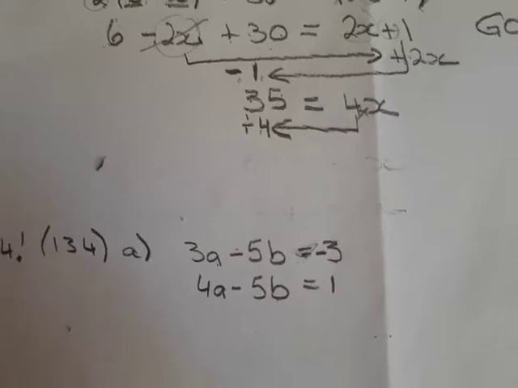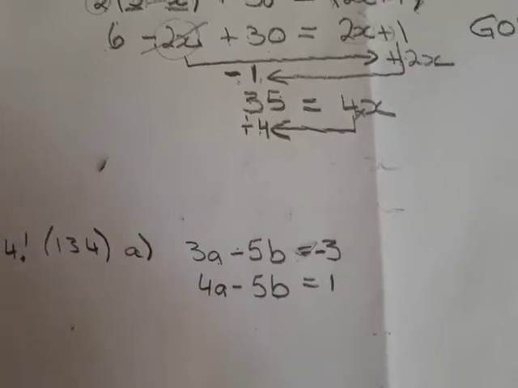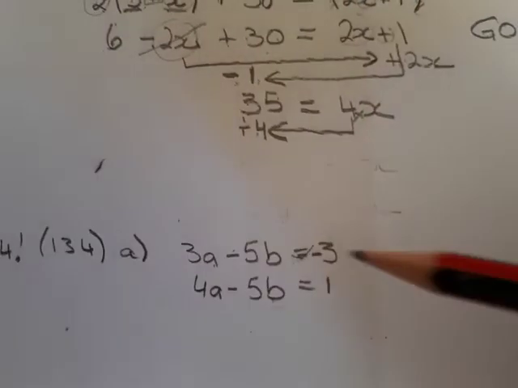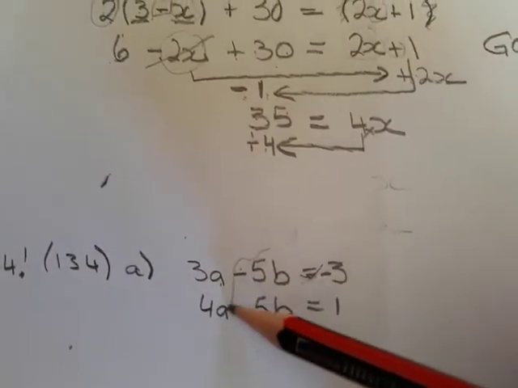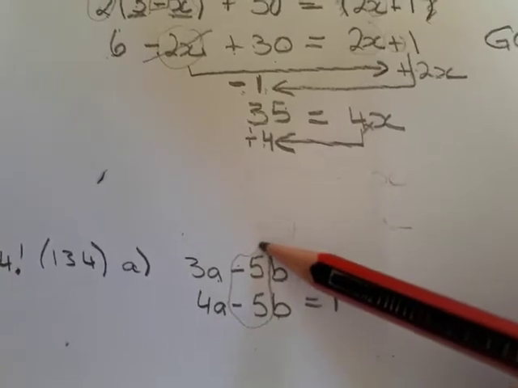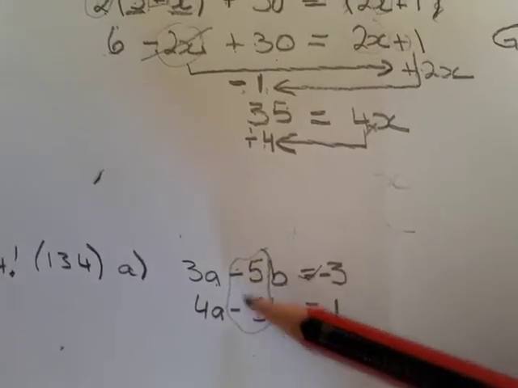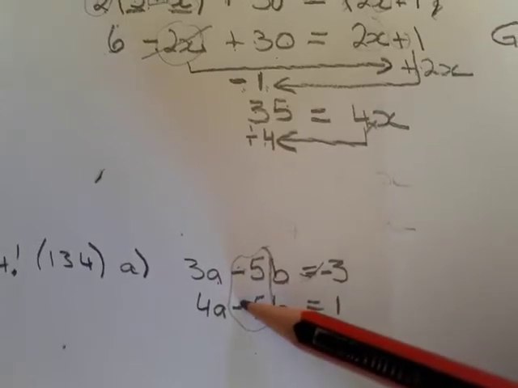Okay, so this one is quite easy, and we would use the elimination method because the coefficient of B is the same value. It is 5, or in both cases -5.